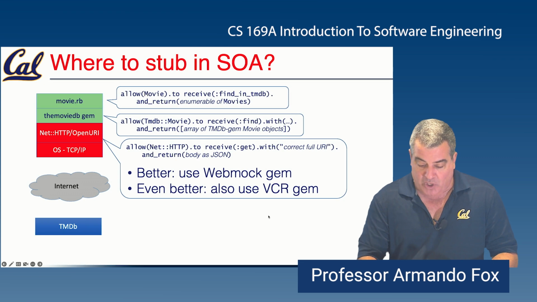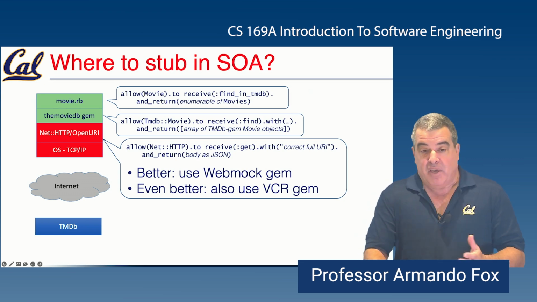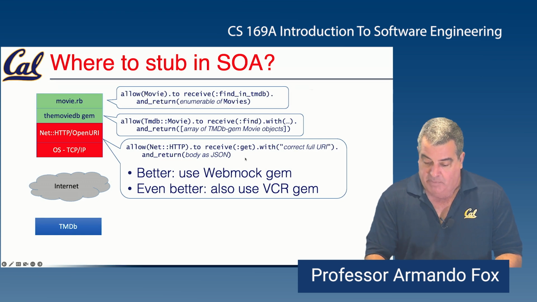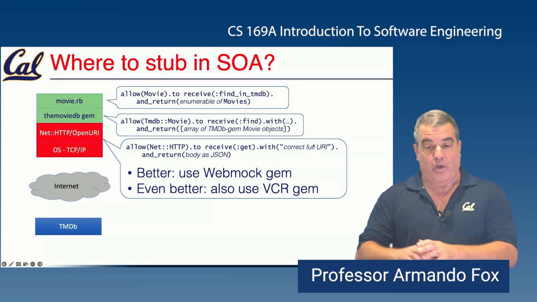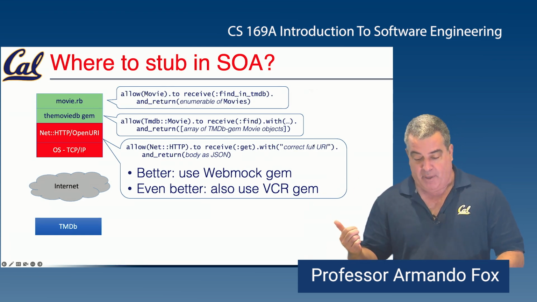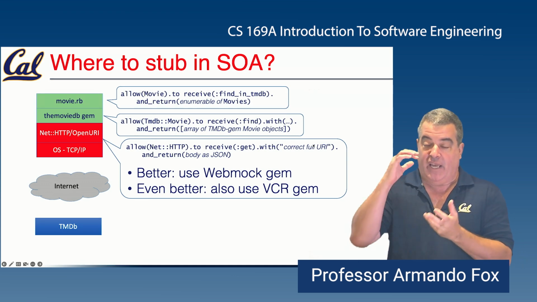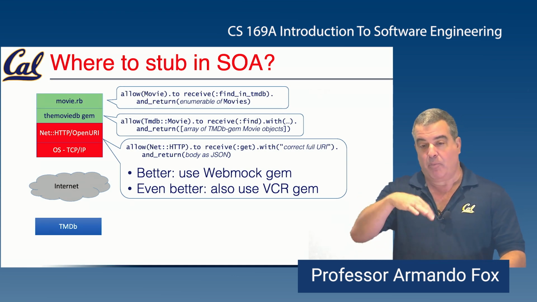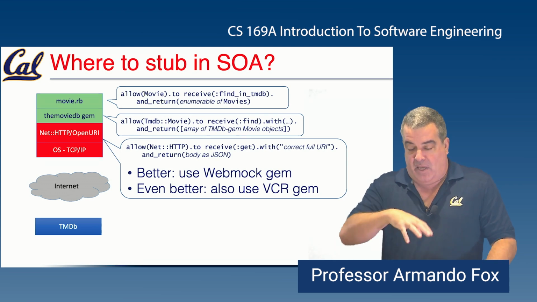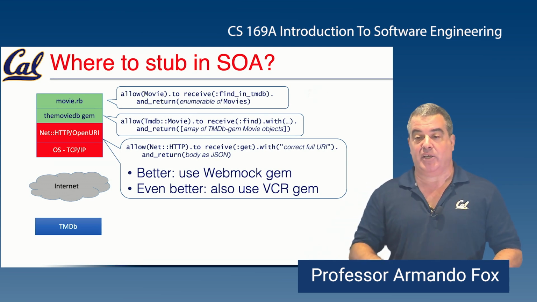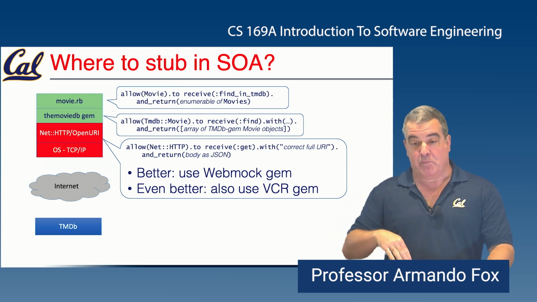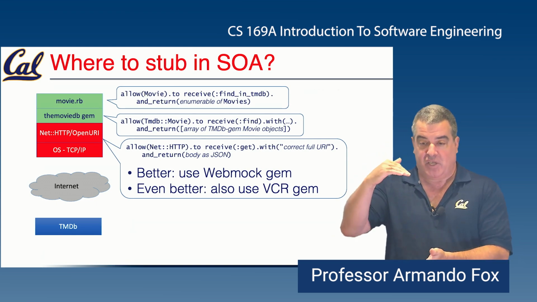I could even go to a lower level and stub the HTTP calls in the Ruby library, so that when the HTTP library receives a GET with whatever URI would be used to call the API, it returns a JSON object that looks exactly like what the API would return. If you remember way back when we had an example of using the curl command line tool, we were doing calls against the TMDB API, and what comes back is a big JSON blob.